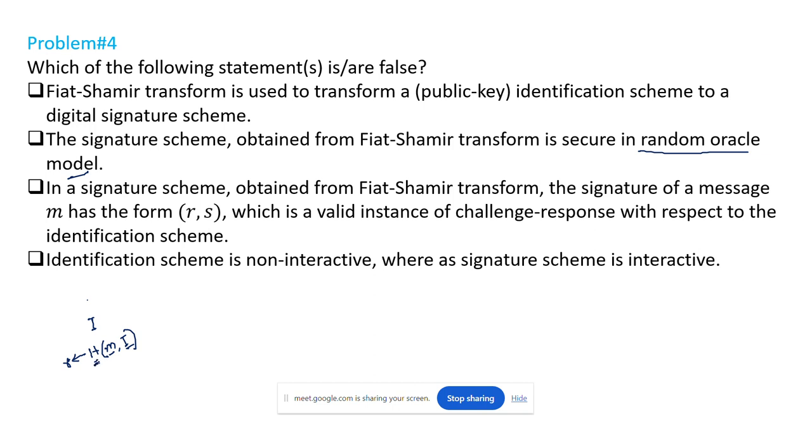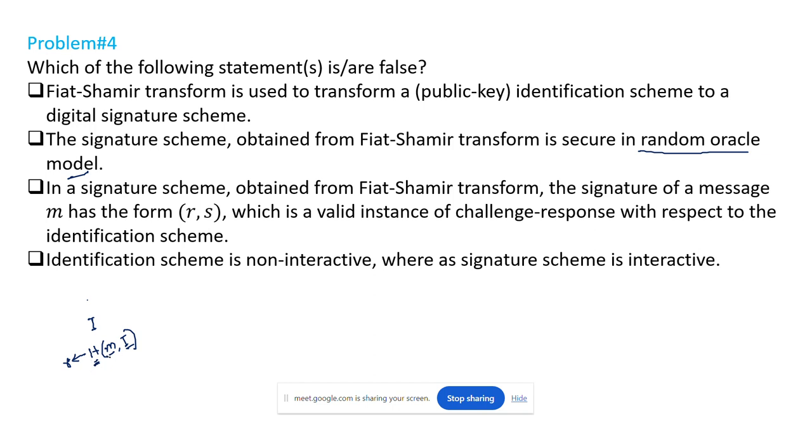Now, if H is not a random oracle, what is the problem? Does it reflect the scenario where the prover is trying to cheat, or where the verifier is trying to cheat? So why do we need this H to be a random oracle?